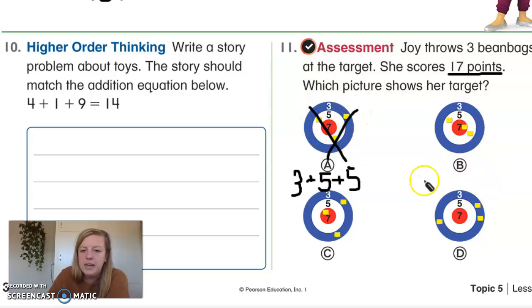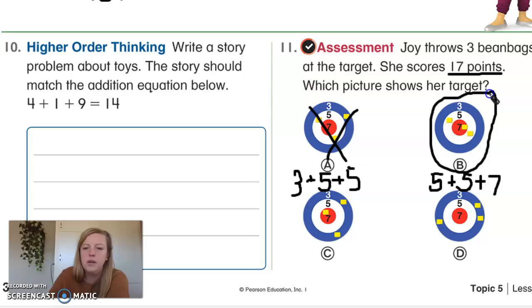Okay, this one, I see a ring in 5. Another one in 5. Ooh, and then she got the bullseye for this one. So 5 plus 5 plus 7. I'm going to do 5 plus 5. 5 plus 5 is 10. 10 plus 7 is 17. Hey, that one worked. So B is what we're going for.